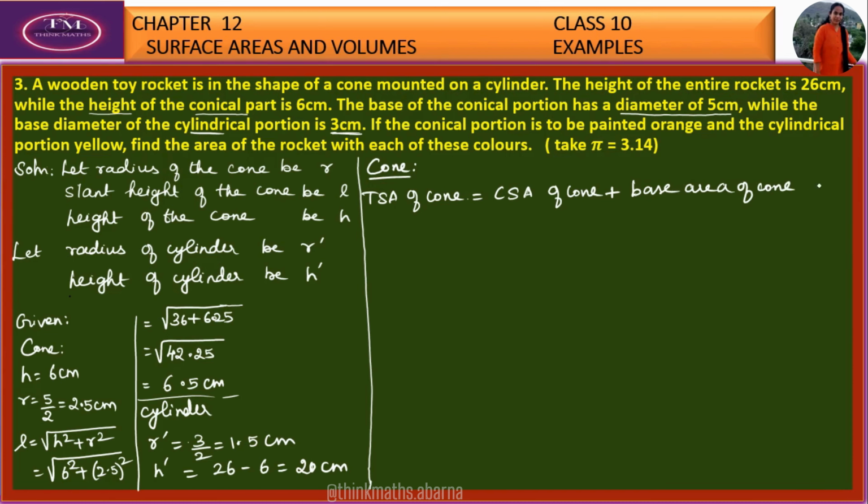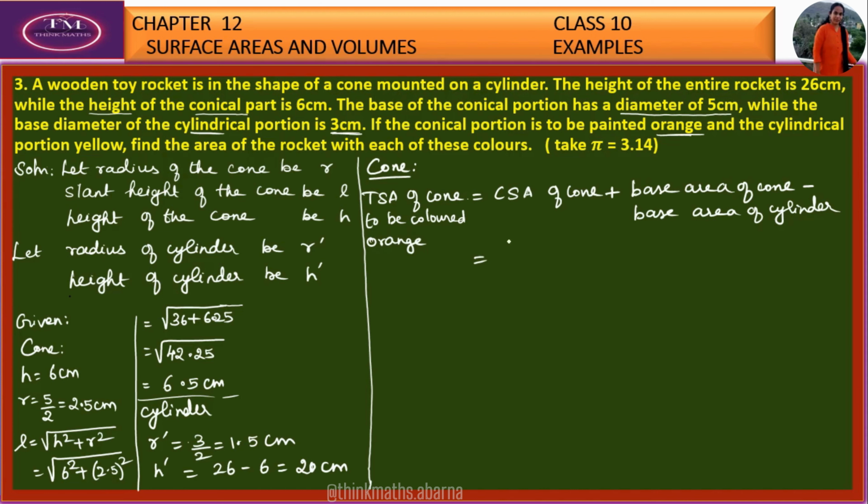From the base area of the cone, we have to take away the base area of the cylinder, so minus base area of cylinder. Okay, children, do you understand? So this is the total surface area of the cone to be colored. What color is given? It is the orange color. For the cone, it is orange, so to be colored orange.